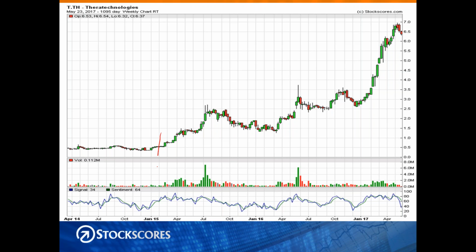So let's go back to this point that we highlighted earlier. Here we have a price gain which stands out relative to the weeks and months prior. The volume at that point was higher than any other week on that chart. And that is why the sentiment stock score was above 60 and the signal line jumped up above 80, because that's what those indicators look for.